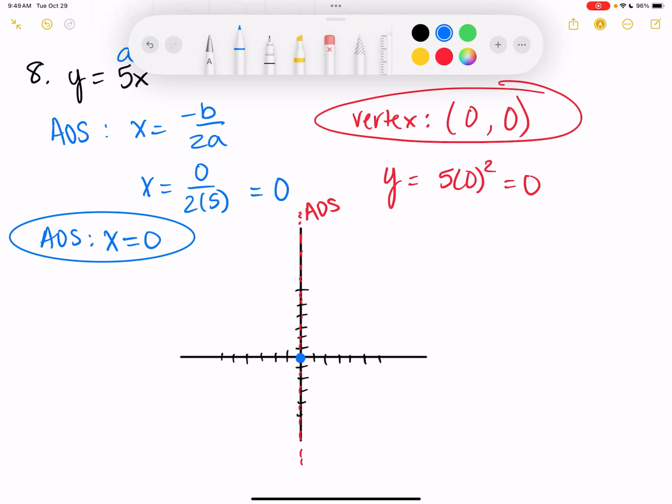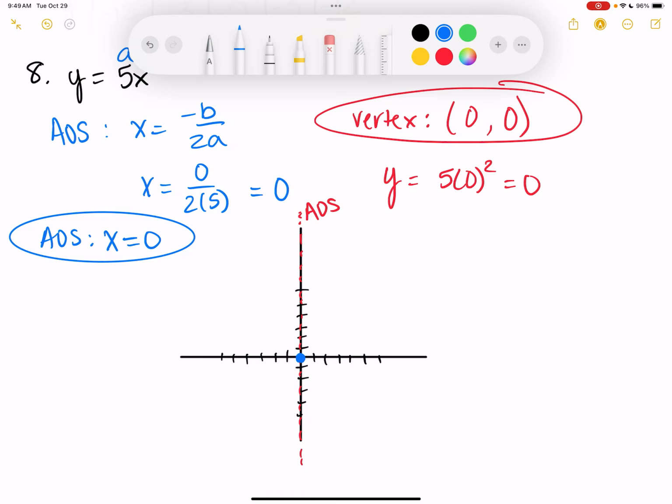Now, I need to find another point on the graph. The axis of symmetry means that on the left side, it's going to look just like it does on the right side. Hence the symmetry part. So if I go 1 away on the right side and get a value, that's going to be the same value on the left. So all you have to do is find one other point and you can graph the whole function.